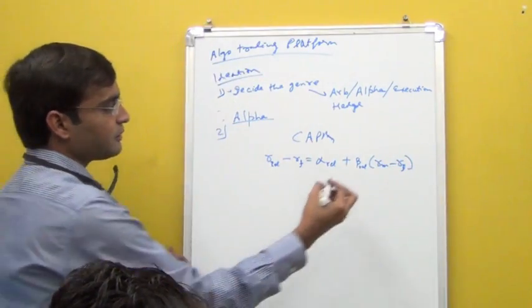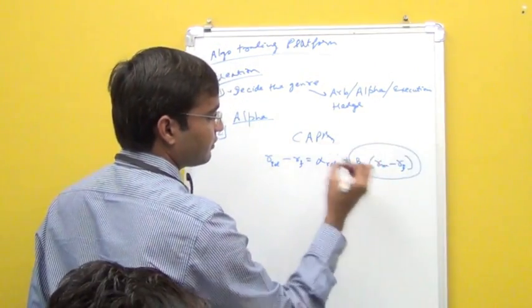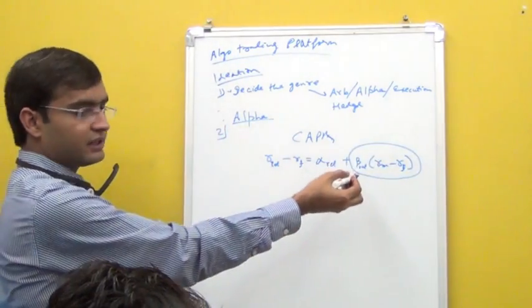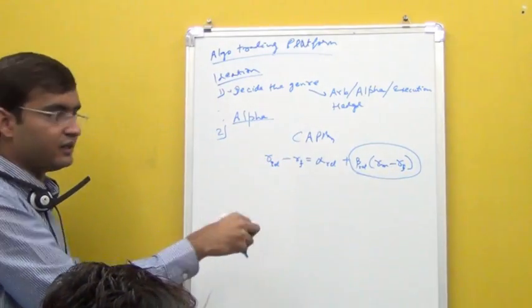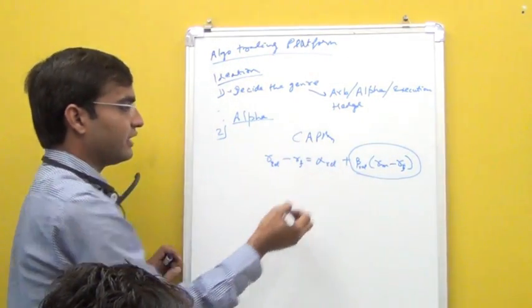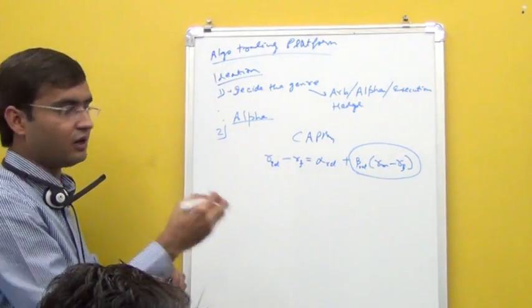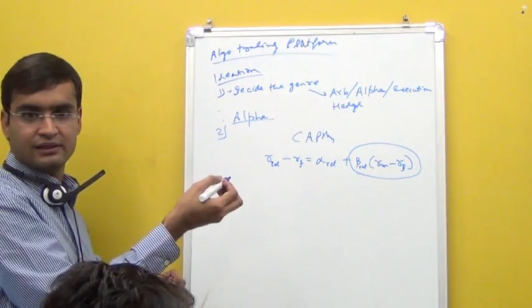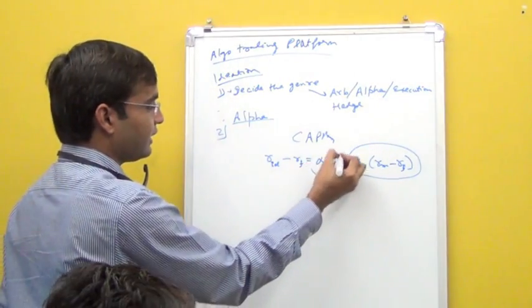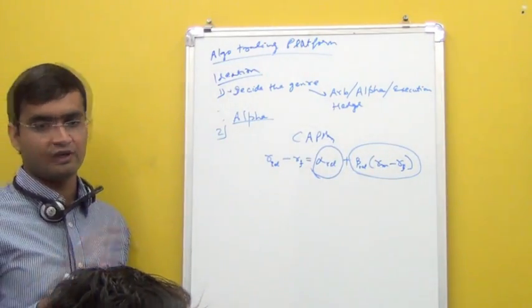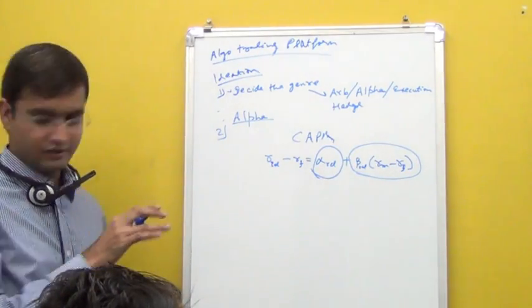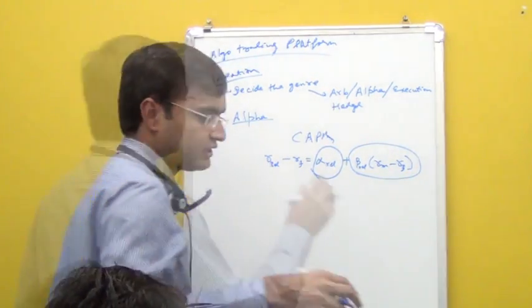Right. So this part would depend on two things. One is what is the return in the market and what kind of correlation this stock has with the market. Right. Second thing is alpha. So that is irrespective of the market, how is this stock performing? Right. So the idea is to capture this, even if the market is going up or going down. That's the idea behind the notion of an alpha strategy.